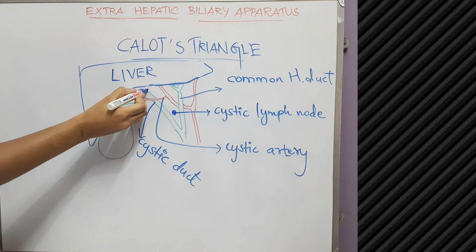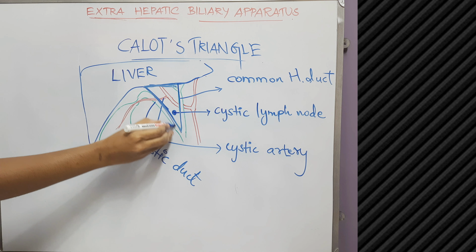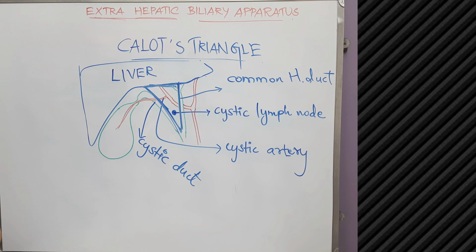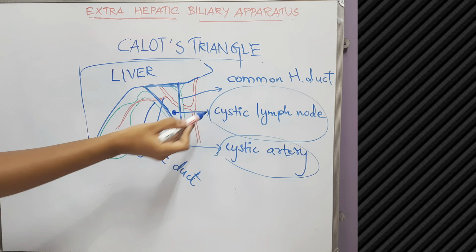The space between the three boundaries forms the Calot's triangle. The main contents of the Calot's triangle are cystic artery and cystic lymph node.